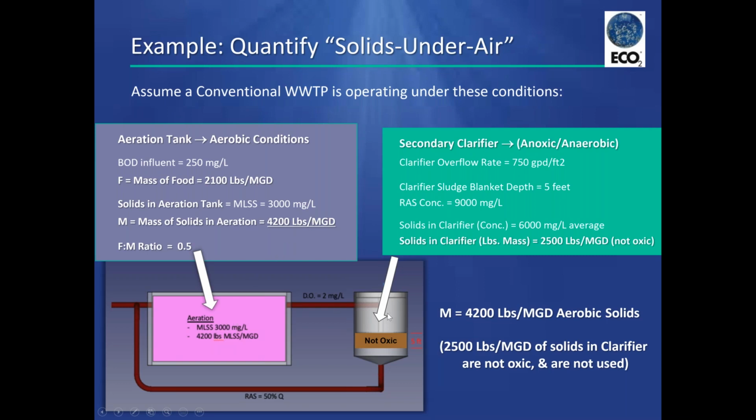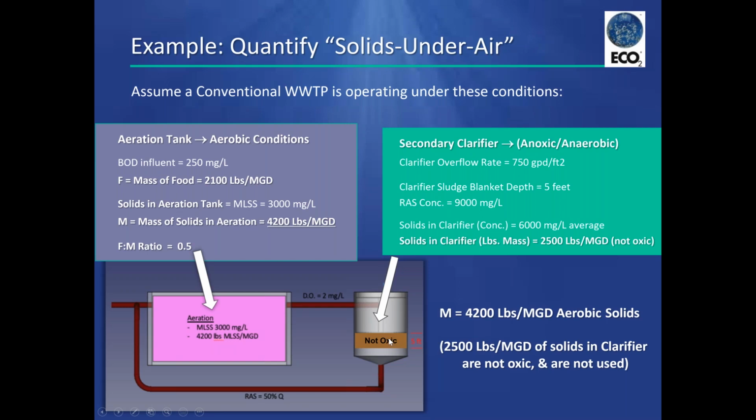So we take a look at the secondary clarifier. We have 2 milligrams per liter going in. Very quickly it's consumed. If the secondary clarifier was designed for an overflow rate of 750 gallons a day per square foot, and the sludge blanket was 5 feet deep, let's say we have a return sludge concentration of 9,000, and we assume the average concentration in that sludge blanket is 6,000 milligrams per liter.